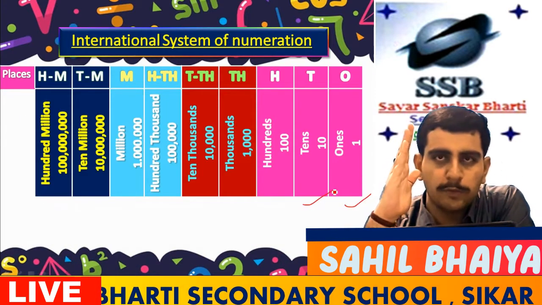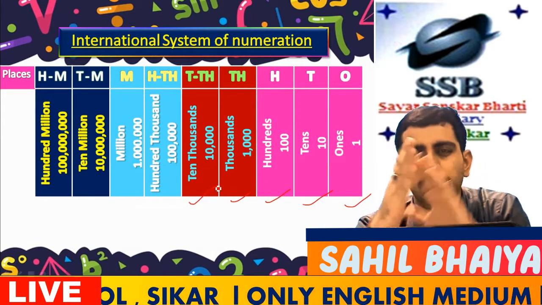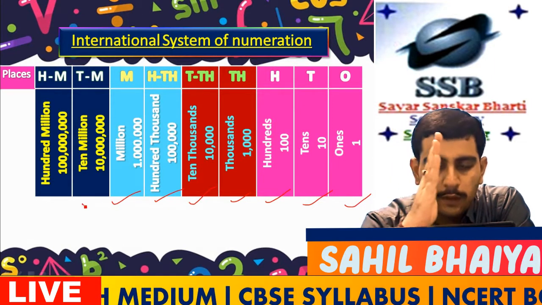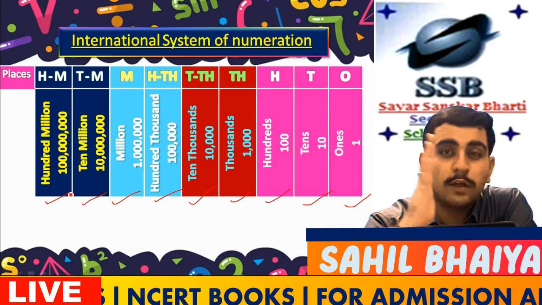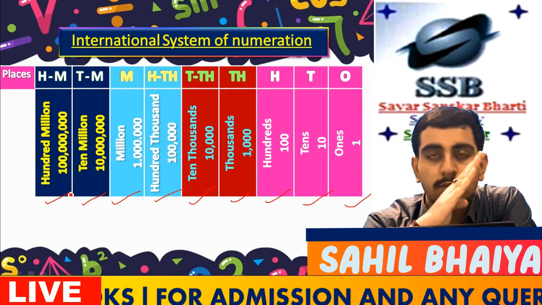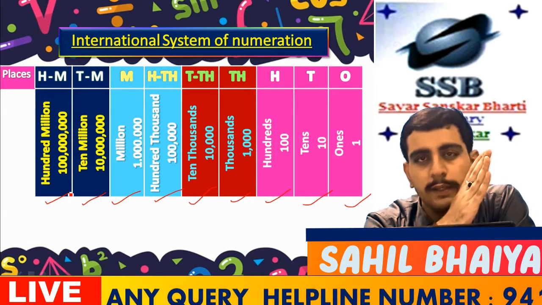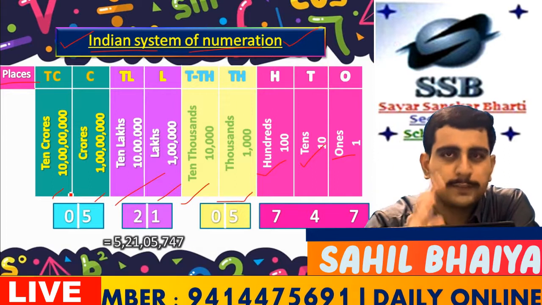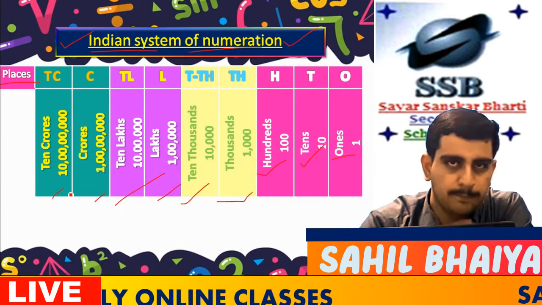In the international system, it is the same up to ones, tens, hundred, thousand, 10,000, 100,000, then millions, and after that 10 million, 100 million, and so on.